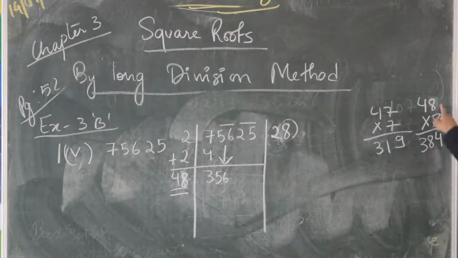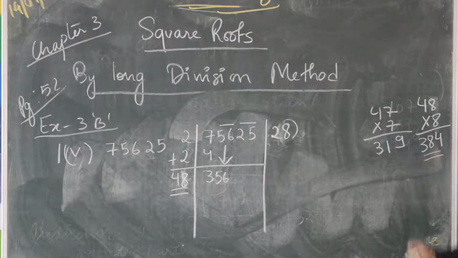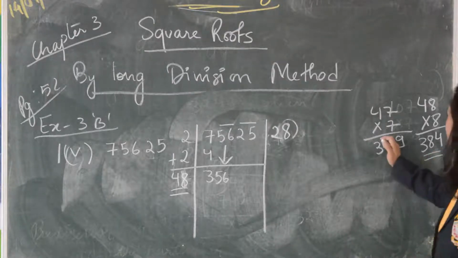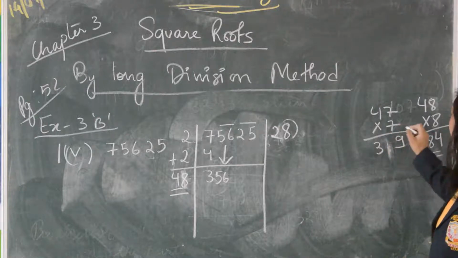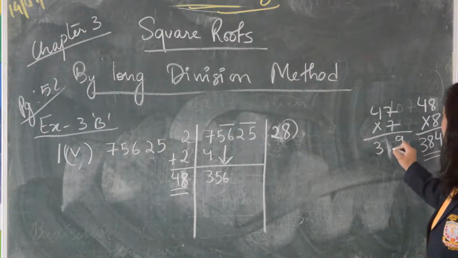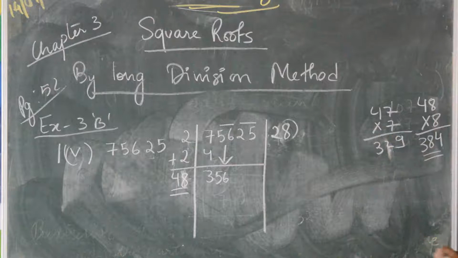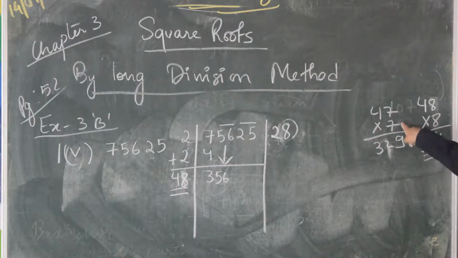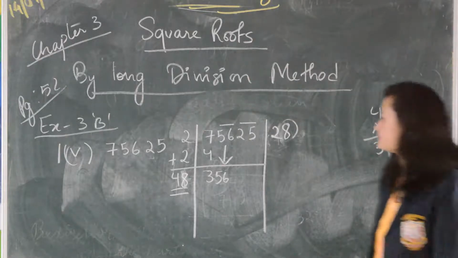Okay, so when you multiply 48 with 8, you get 384, and when you multiply with 7, you get 329.